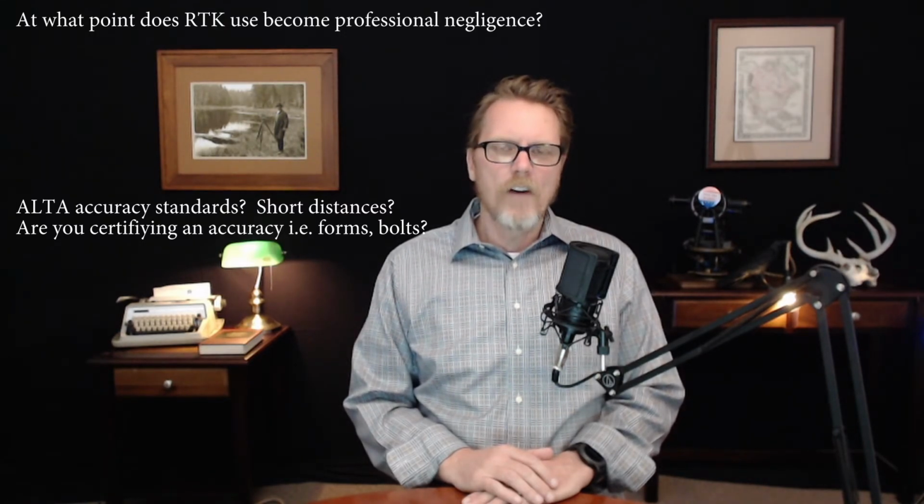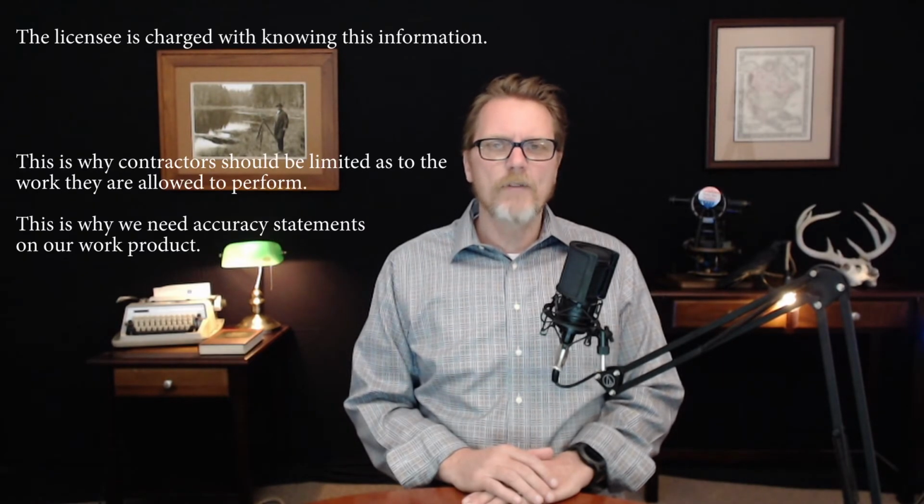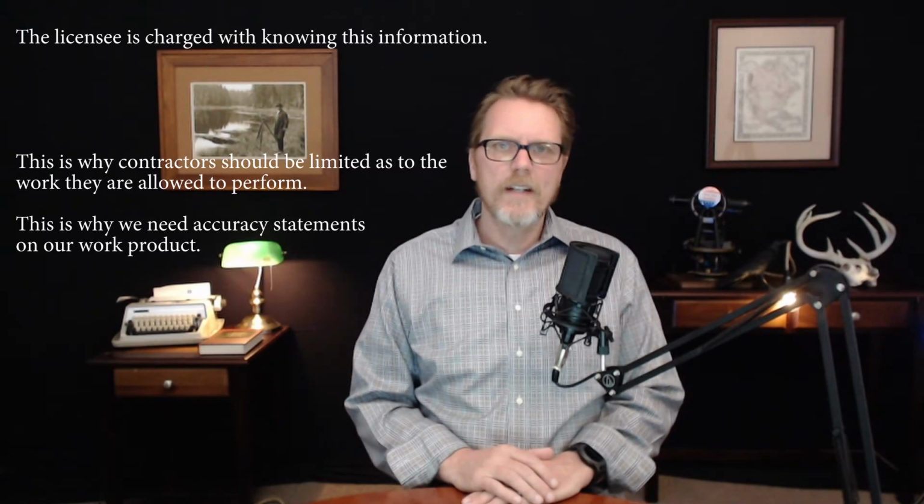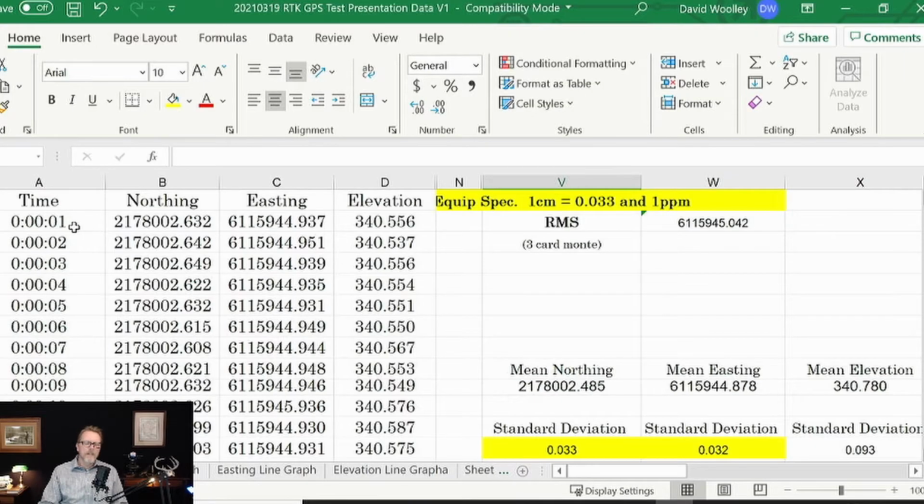So if golf ball accuracy is okay, then you should be using RTK for horizontal. If variations up to 2 or 3 tenths is okay, then you can use it for your vertical, because those are 5% of the shots. If you take 100 shots, 5% of them are on the outer limits, and they're not necessarily within 2 or 300ths. Okay, the last thing I'm going to show you today is how to graph the data.